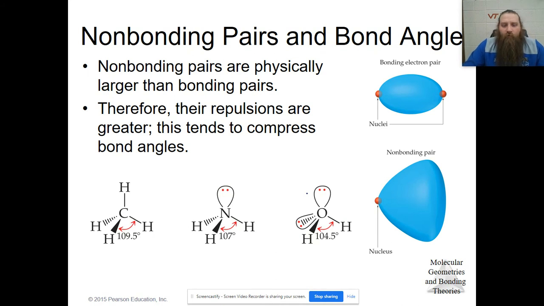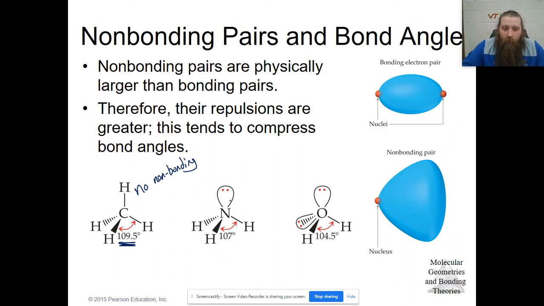Now, when it comes to defining the bond angle, we have to differentiate between non-bonding pairs and bonding pairs. A non-bonding pair is bigger physically, like in actual reality, it is larger than a bonding pair. It takes up more space, so the repulsions are greater. So if I compare the bond angle from tetrahedral, which has no non-bonding pairs, I have 109.5, which is obviously larger.